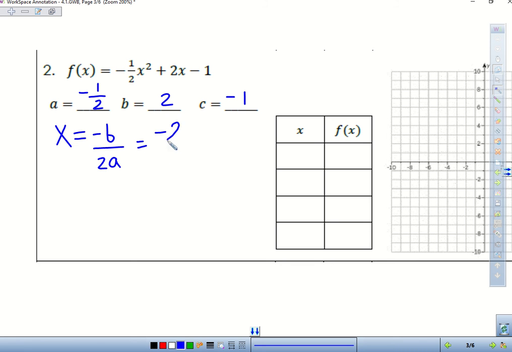My b is going to be -2 because it changes sign. 2 times -1/2. If you do the math, that comes out to be -2 over -1, which is what? -1. Oh. So this comes out to be -2 over -1, which is 2, right?